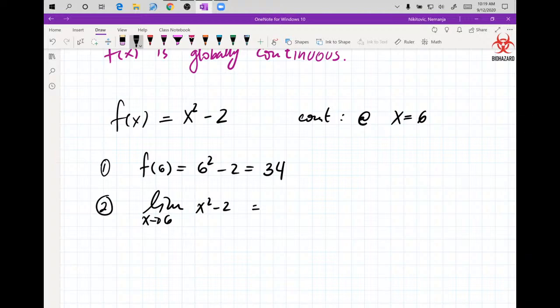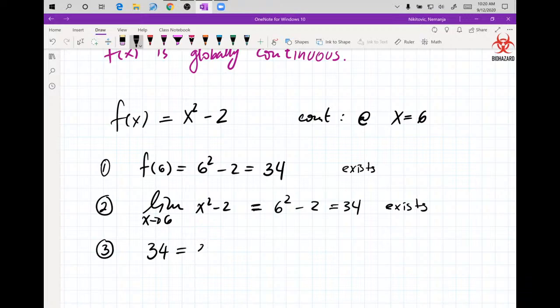Now, this is one of those basic functions. We don't need any special witchcraft for this, algebra or anything like that. We can just plug in. So we again get 34. So we say it exists. And now rule 3, we see that 34 equals 34. And that checks out as well.